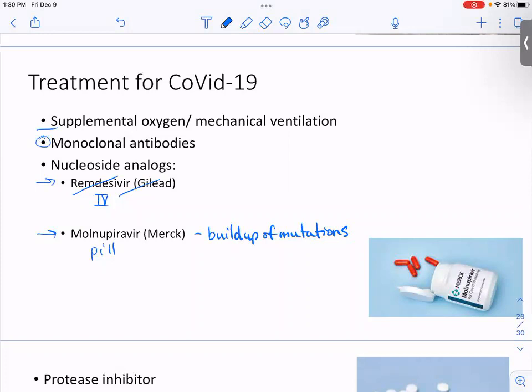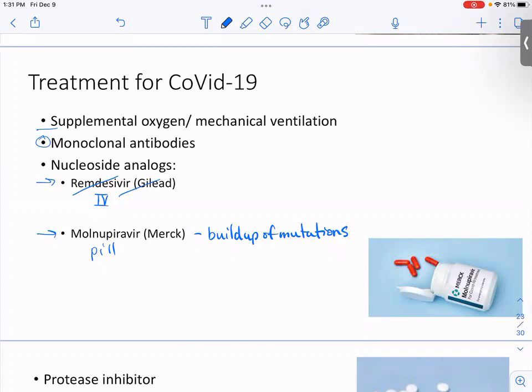So we get this buildup of catastrophic mutations, they call it. There are some worries about how safe that is. You would not want to give a medication that caused mutations to somebody that was pregnant, for sure. Any tissue that's rapidly dividing could have mutations in it.